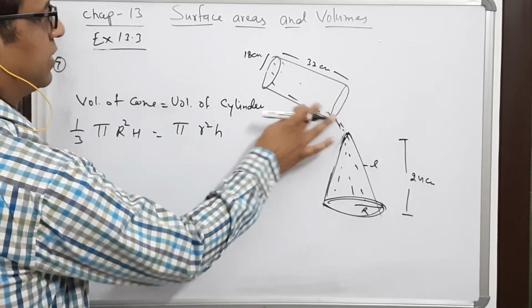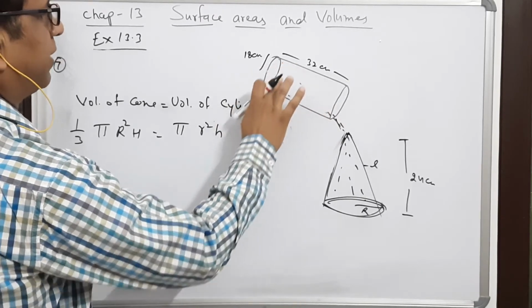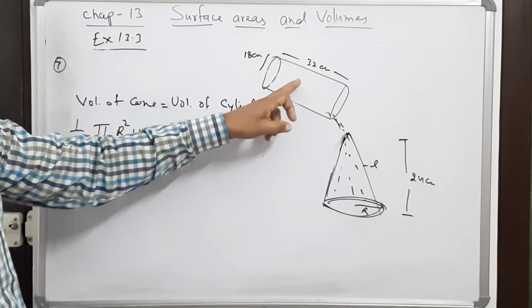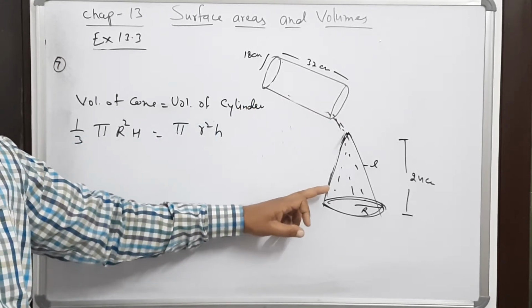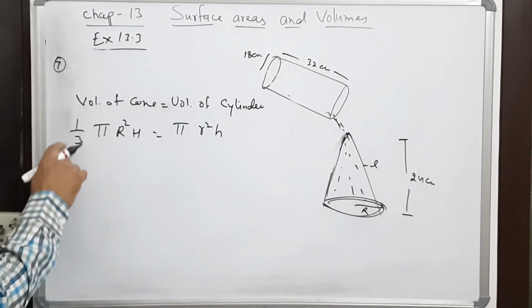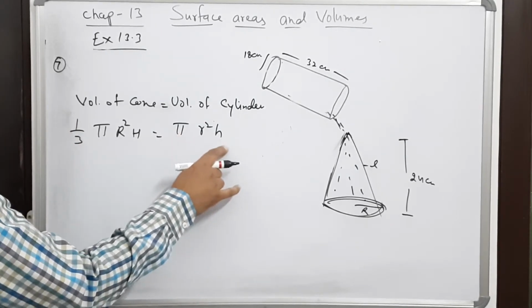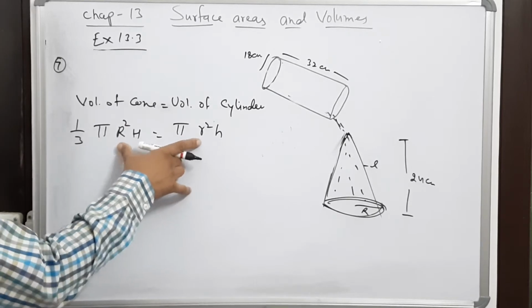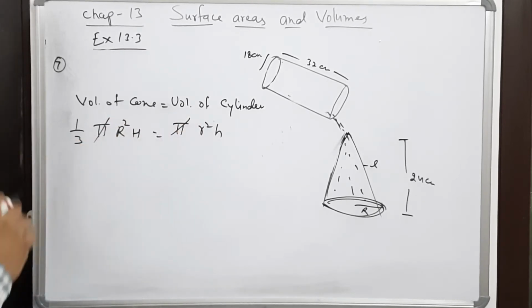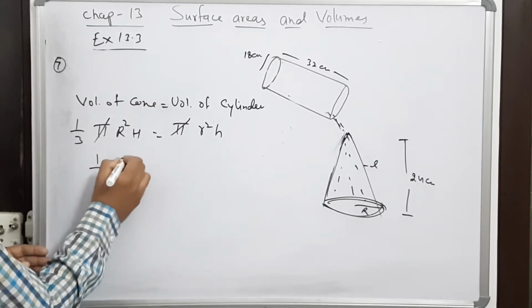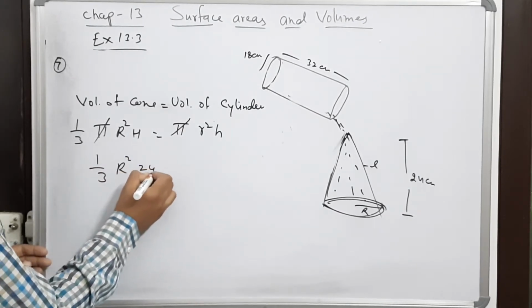So now I am removing this part. The cylinder is empty. So we can say that the volume of cylinder is equal to volume of cone. Volume of cone is 1 upon 3 pi r square h. Volume of cylinder is pi r square h. Here the radius is different and the height is different. So this pi and pi cancel here. Now 1 upon 3 r square into 24.